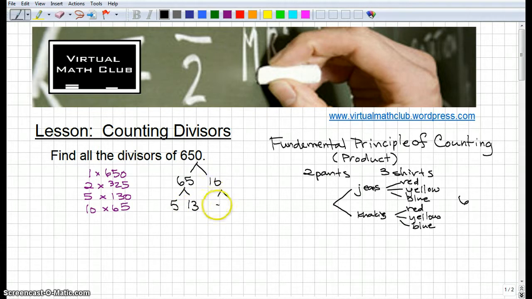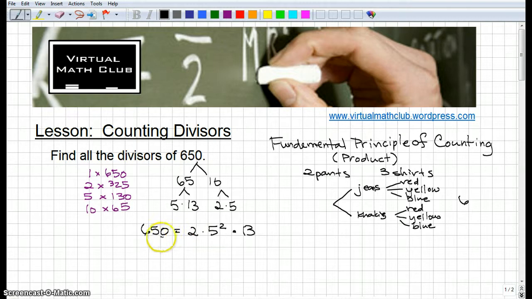And 10 factors into 2 times 5, all right? And now all of these numbers here are prime. So the prime factors of 650, if I write 650 in terms of its prime factors, I get 2 times 5 squared times 13.